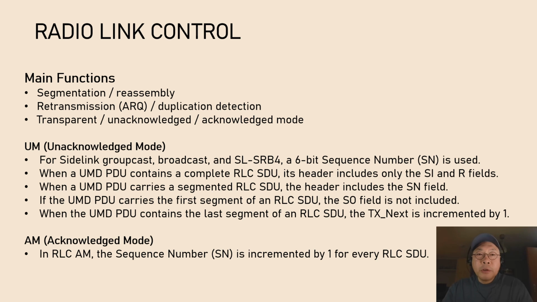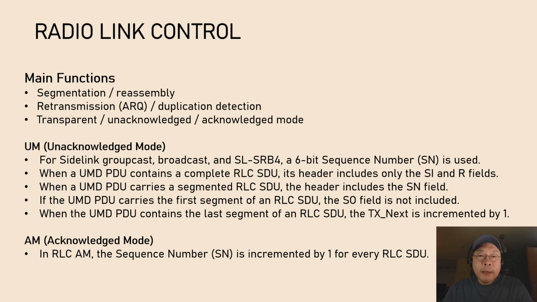Its core functions include segmentation and reassembly, retransmission and duplication detection, and support for transparent, unacknowledged, and acknowledged mode. In unacknowledged mode, used for sidelink groupcast, broadcast, and SL-SRB before, a 6-bit sequence number is used.